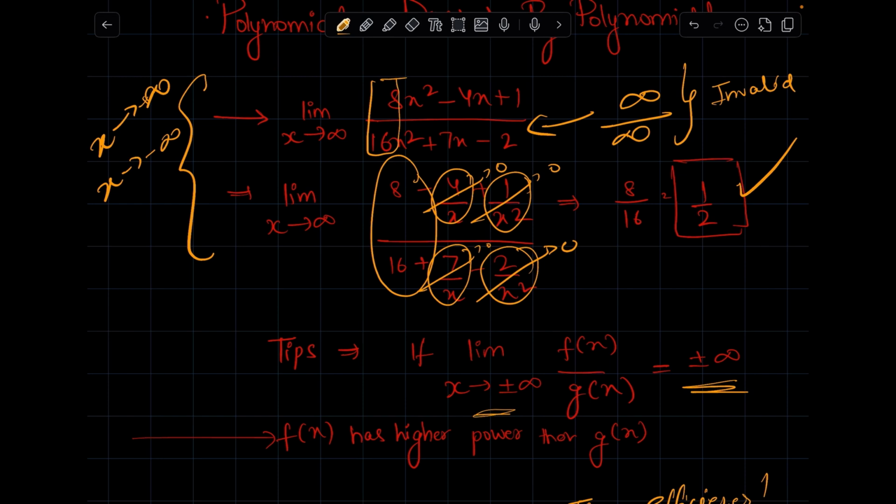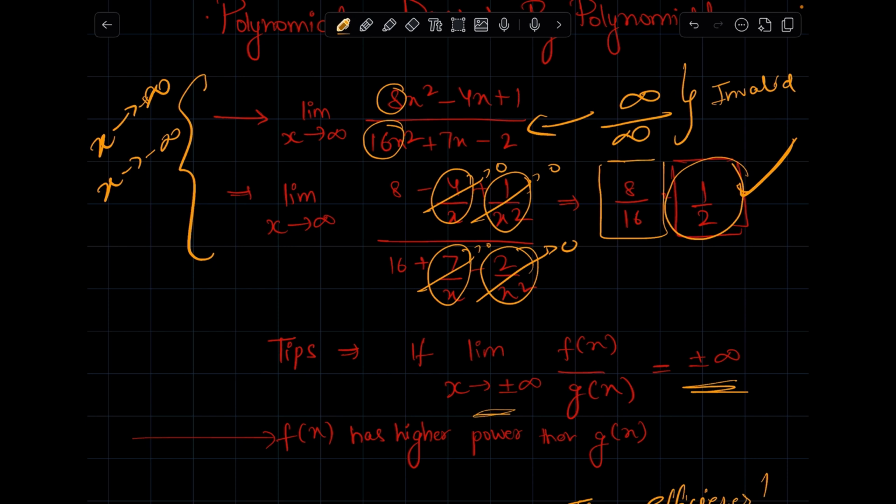For example, in the example that we did, the coefficients of the highest power of x were 8 and 16. And in the end, your answer was 8 upon 16 or 1 by 2. So this is a tip and it works every time. There are no exception cases to this.